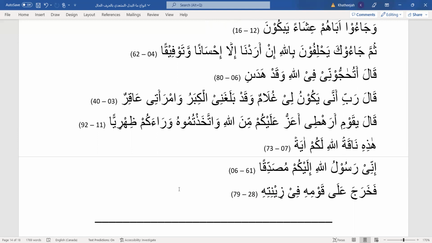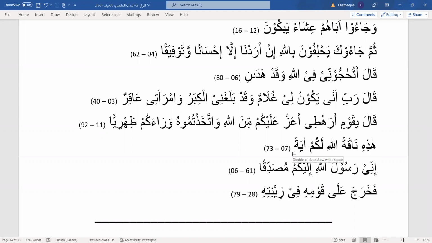Now let's study this next ayah, the next example here. هذه ناقة الله لكم آية. If we translate this, it will be: this is a female camel of Allah for you all as a sign.